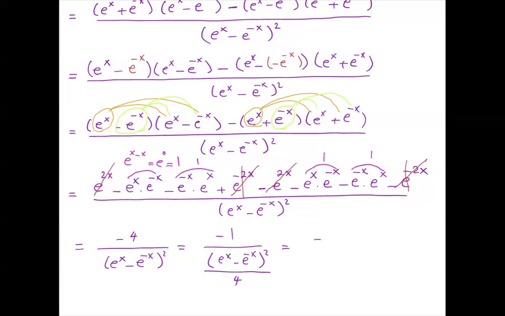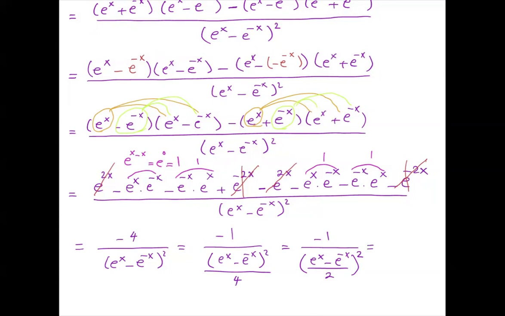In turn, it can be written as negative 1 divided by e to the x minus e to power minus x divided by 2, the whole quantity raised to second power. But what is e to the x minus e to power minus x, divided by 2? Isn't that the hyperbolic sine? That is correct.